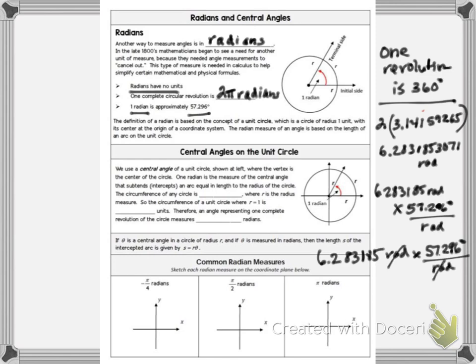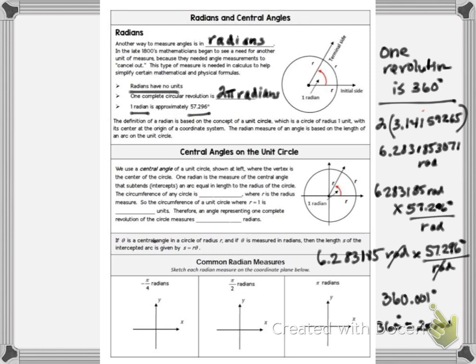Then the radians cancel out, and I'll have 360.001 degrees. So 1 revolution, 360 degrees, is equivalent to 2 pi radians. All right, so 360 degrees is equivalent to 2 pi radians.